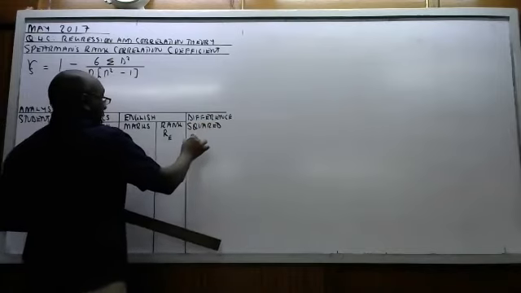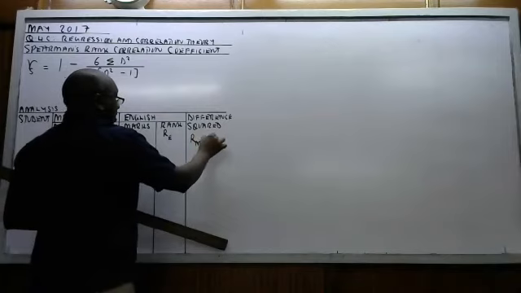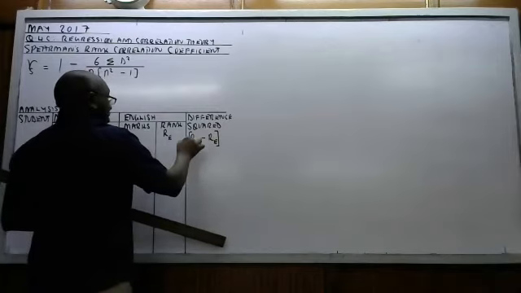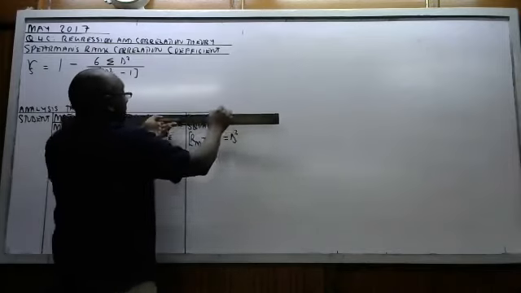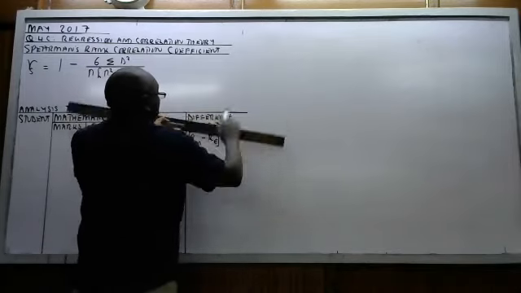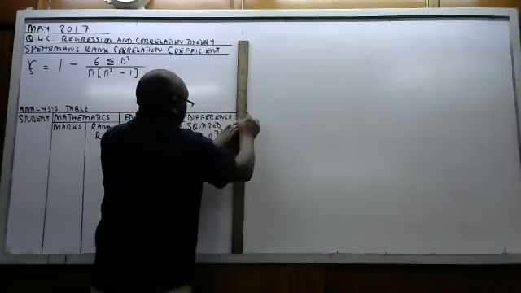This is rank M minus rank E, you square this, what we call d squared.